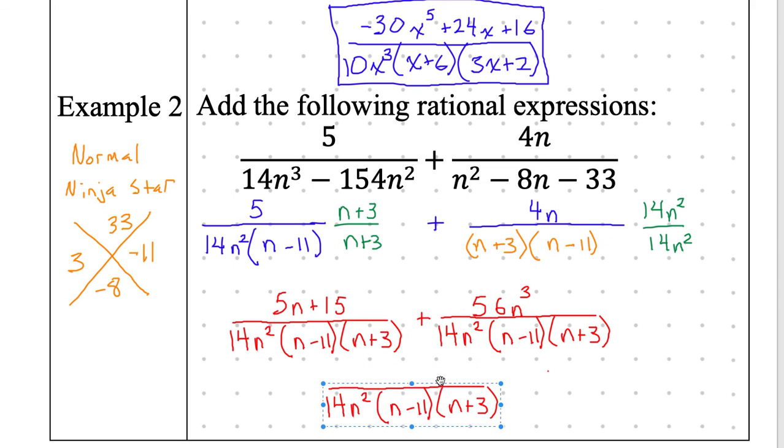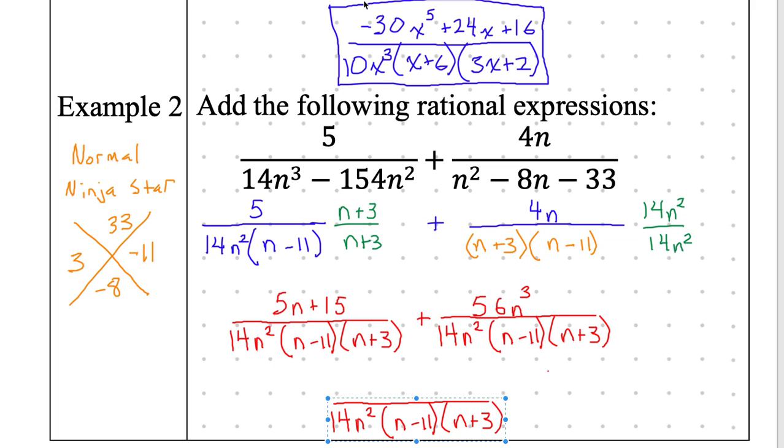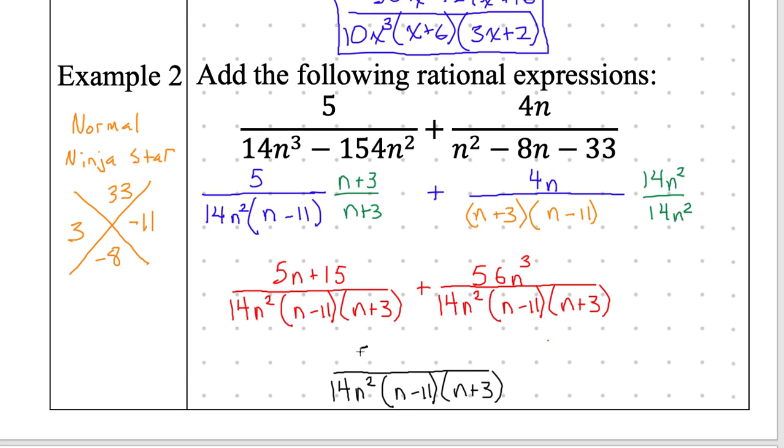So again, same denominator, just leave it in factored form. Our final answer now is 56 n to the power of 3 plus 5n plus 15. And there's our final answer.